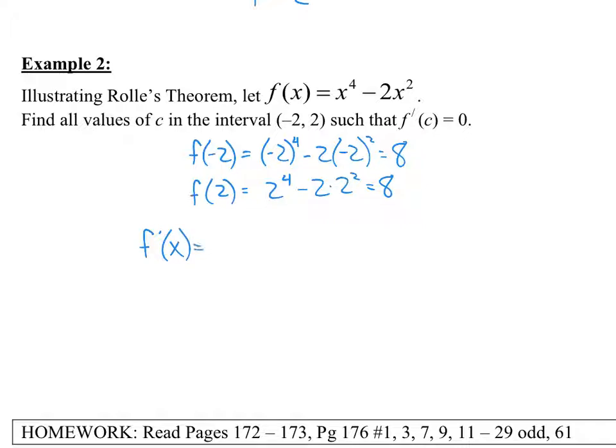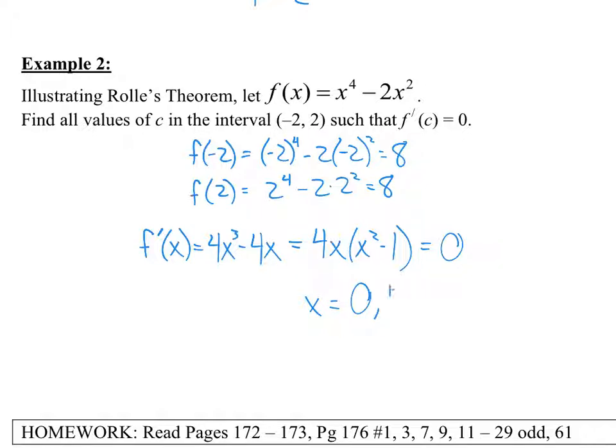F prime of x is 4x cubed minus 4x. If I factor out the 4x, I get x squared minus 1. Where will that equal 0? 0 and square root of 1, which is plus or minus 1.